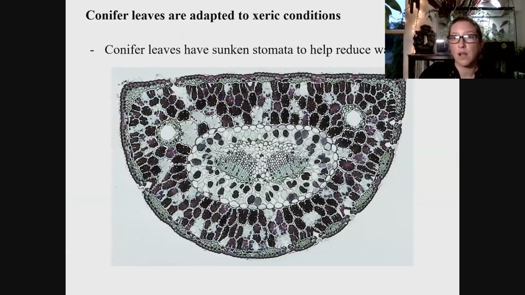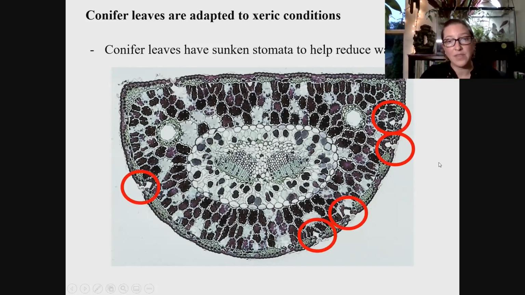But part of the reason why conifers can live in these dry environments is because they have evolved sunken stomata, and that helps them reduce how much water vapor is lost through their leaves. So here's a cross section through a conifer leaf. And these circles are showing you stomata that are sunken. So for example, this is one here.